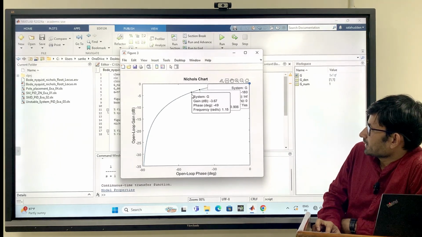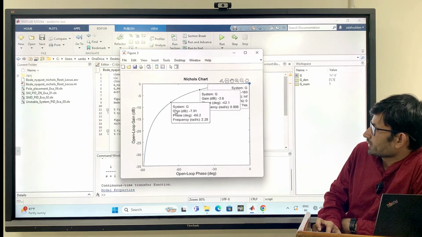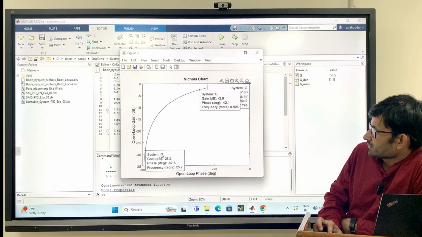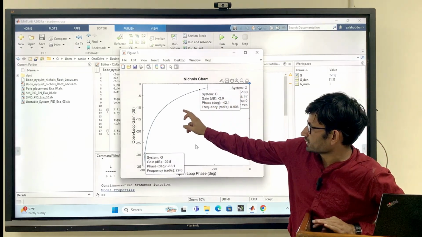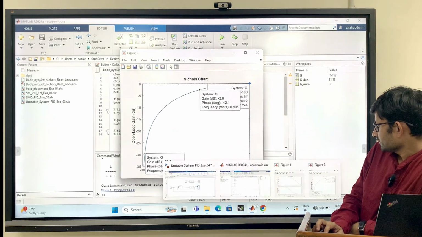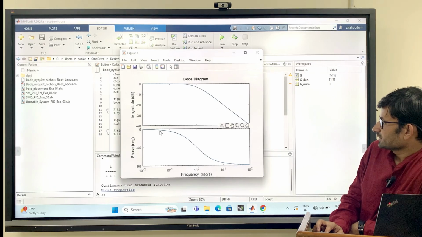Take your cursor along this line, you will see that the frequencies keep on increasing. From here to here you can see the increase in frequency. In a Bode plot, when you increase the frequency, you can see how the gain is dropping and how the phase is dropping.